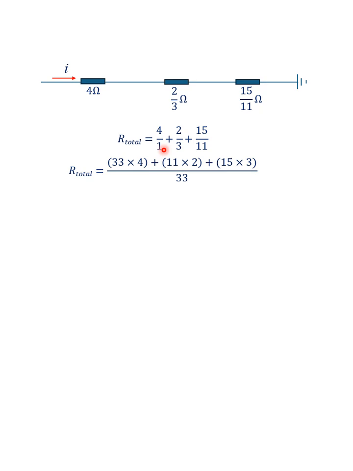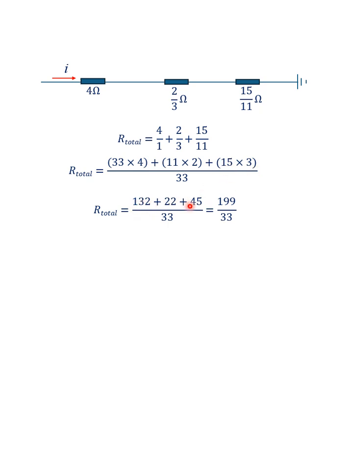So let's take it one after the other. 33 divided by 1 is 33 times 4, plus 33 divided by 3 is 11, 11 times 2, then 33 divided by 11 is 3, times 15. If we resolve the numerator, 33 times 4 is 132, 11 times 2 is 22, 15 times 3 is 45.